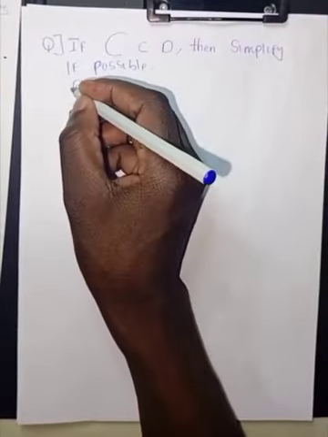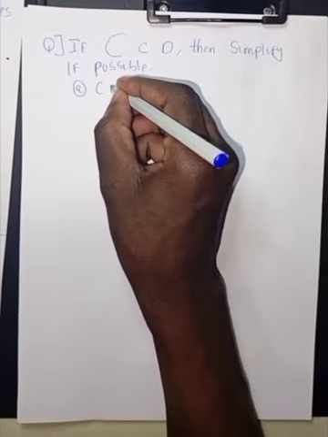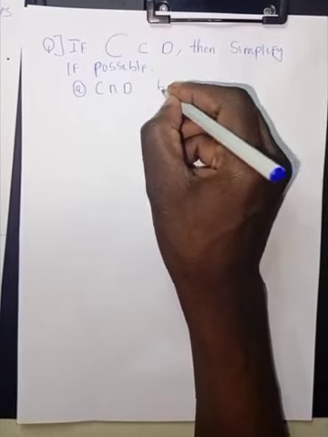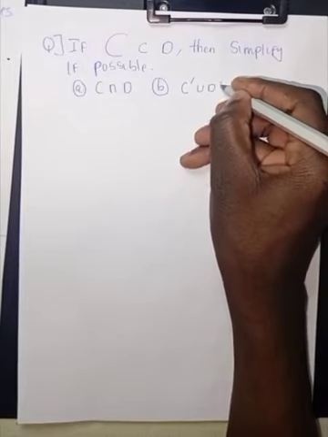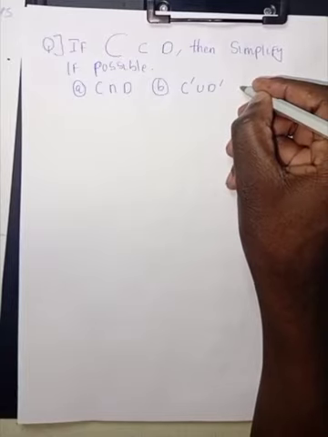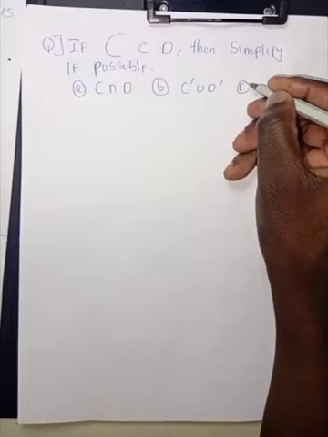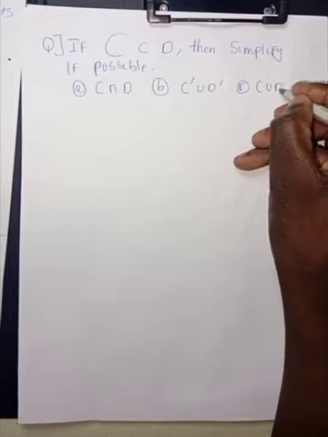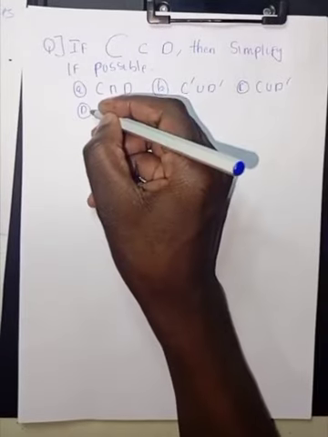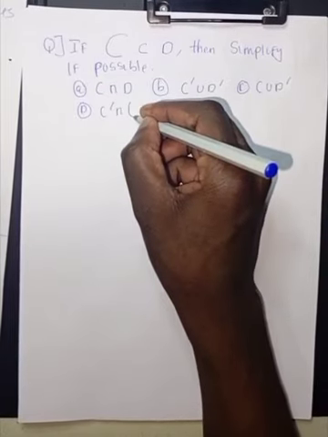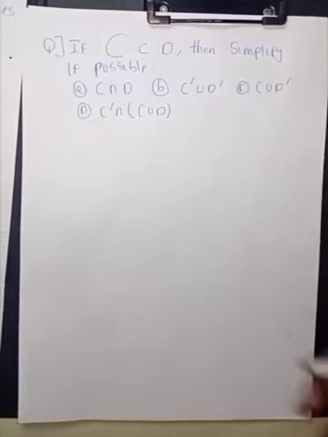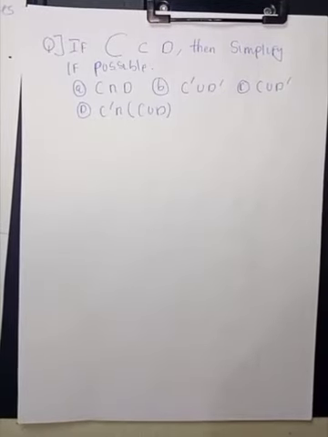So our A is C intersection D, then B is C complement union D complement, then C is C union D complement, then our question D is basically C complement intersection open bracket C union D. So the question is that if C is a subset of D, then simplify if possible. So you have A, B, C, and D. So you have 4 questions.